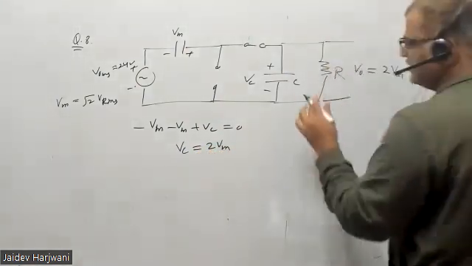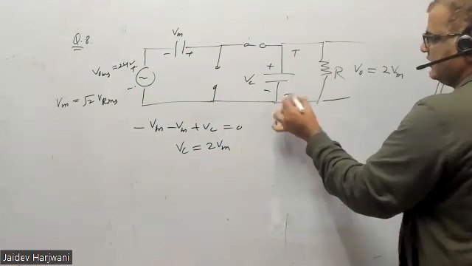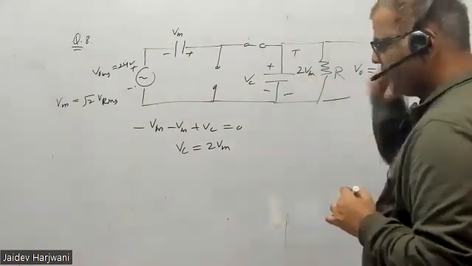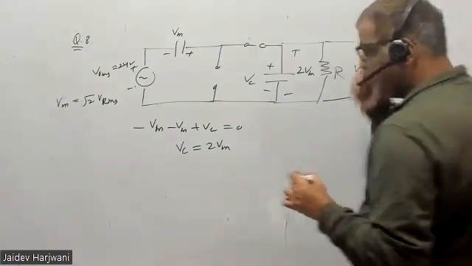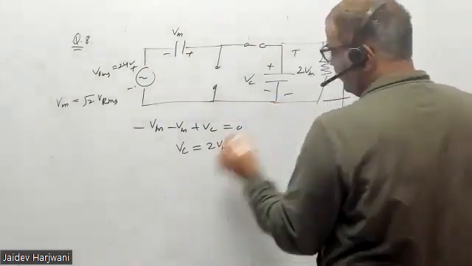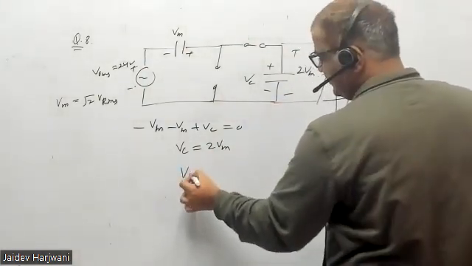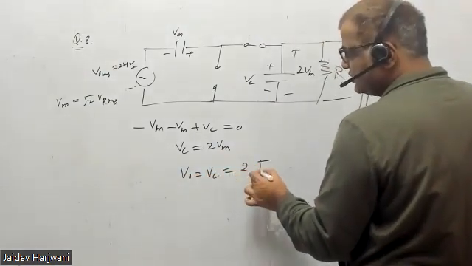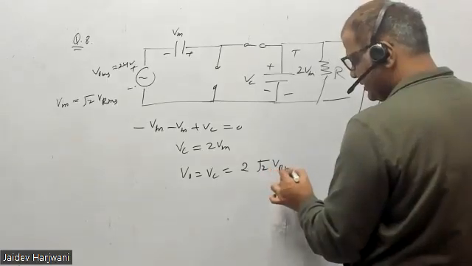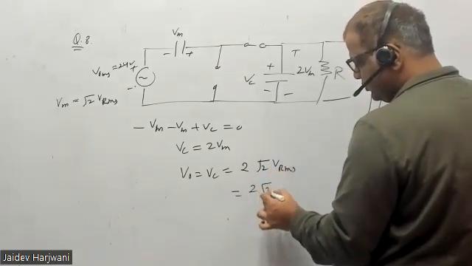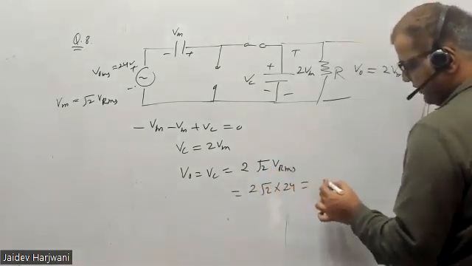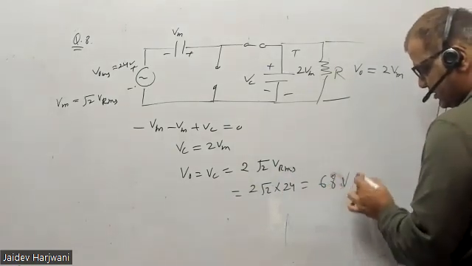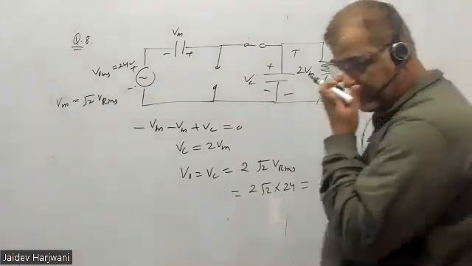So here the voltage will come 2 Vm. Okay. That's why this is the voltage doubler circuit. And so V output will be equal to VC equals 2 Vm, and 2 Vm is 2 root 2 VRMS. Okay, so 2 into root 2 into 24 volt, and it will come around 68 volts.